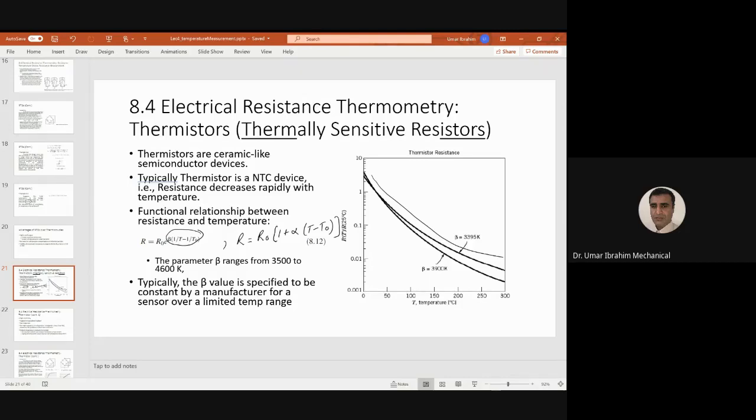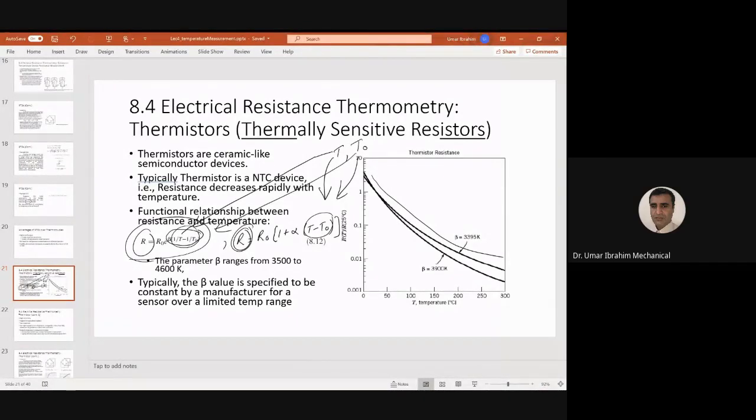If we have the same values of T and T naught for both equations, the change in resistance in the thermistor formula will be significantly higher compared to the resistance change for the RTD formula.